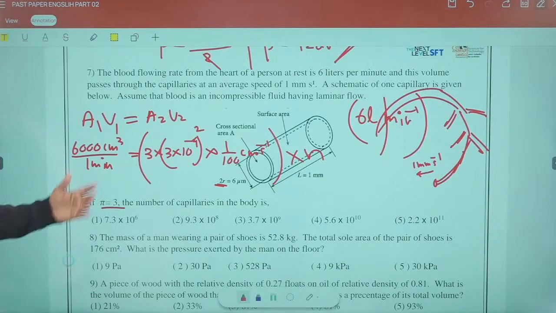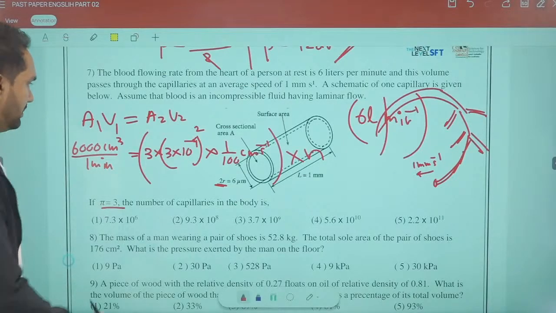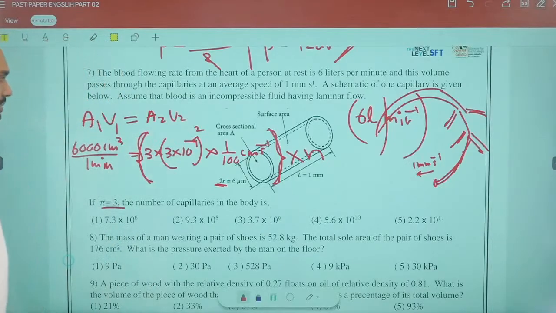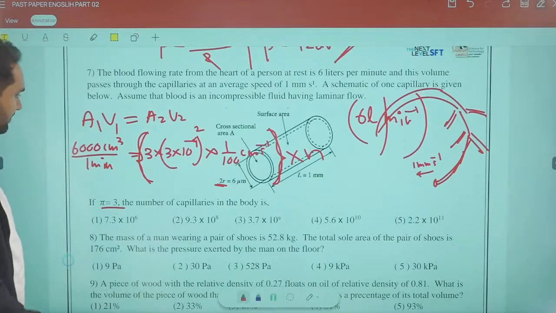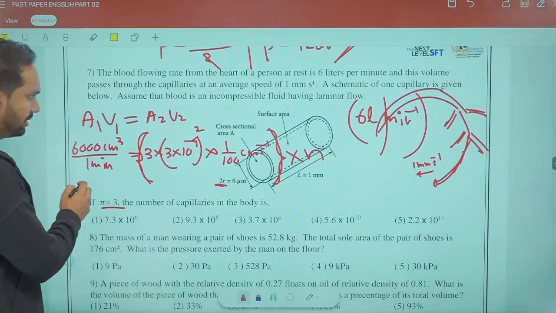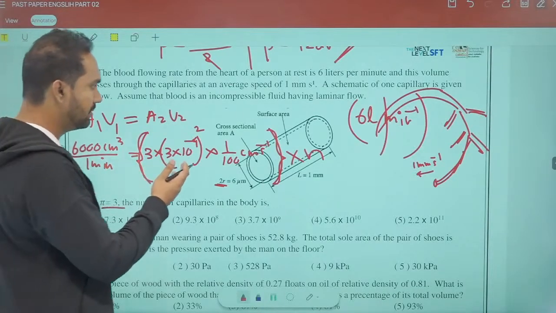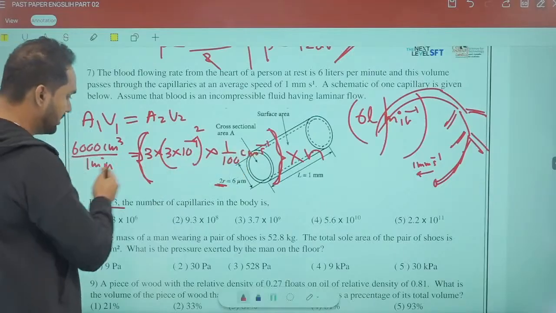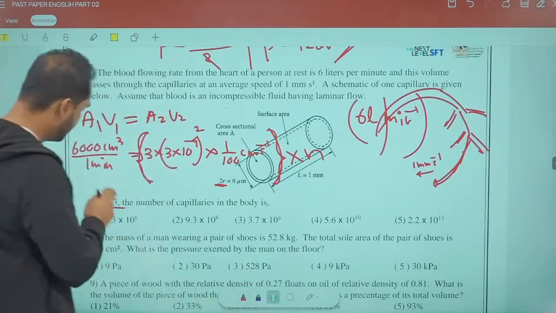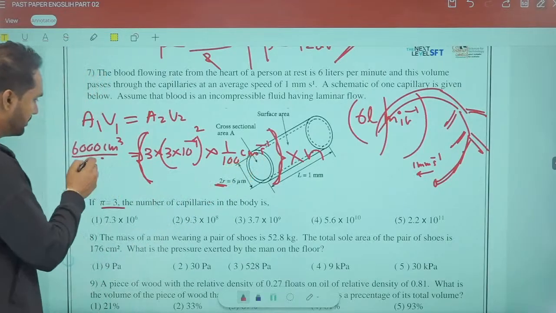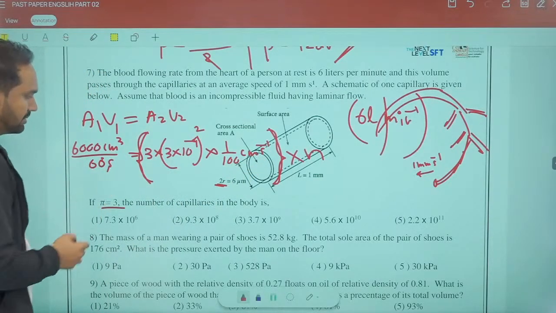So we have to simplify this now. The minute here I have to convert into seconds, because the velocity is in seconds, so 60 seconds.